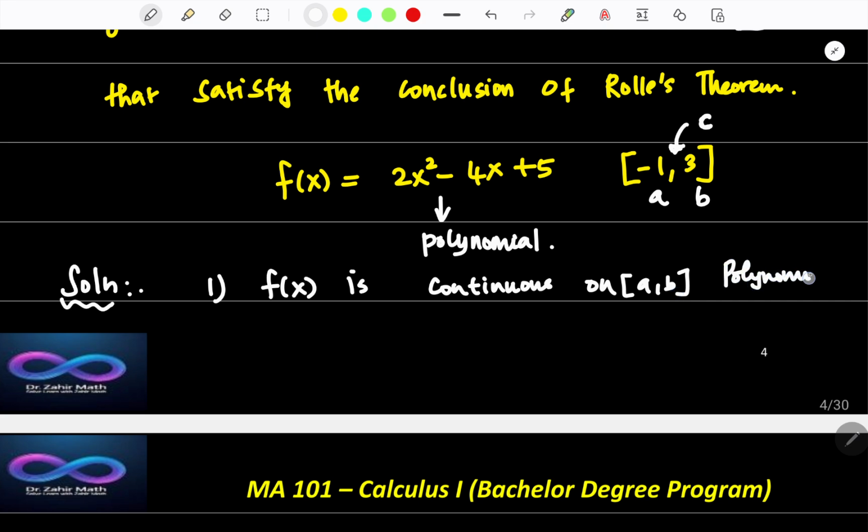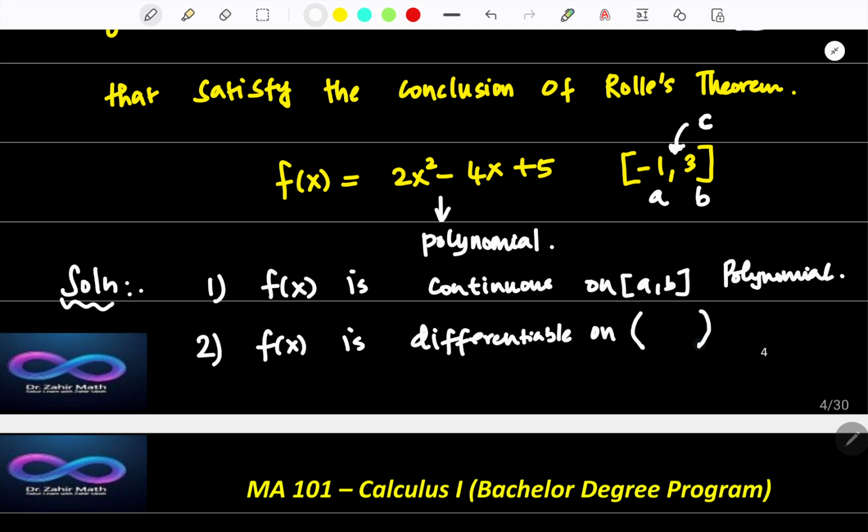If anybody asks, you can say it is a polynomial, so it is continuous. Number 2. F of x is differentiable on the open interval a comma b. No need to check whether it is differentiable, because we are going to differentiate, and automatically the derivative will exist on the open interval a comma b.